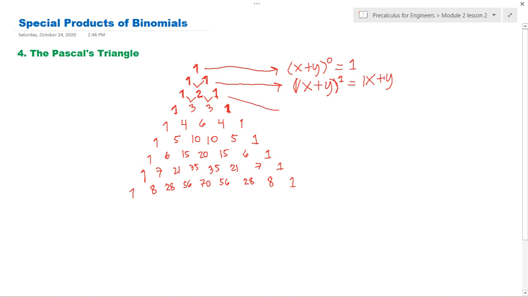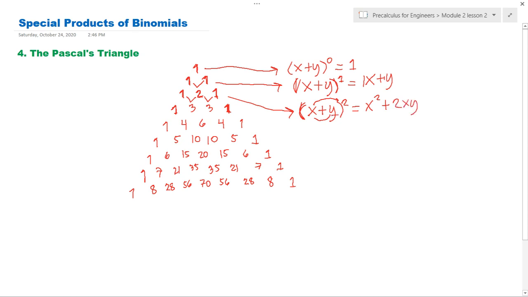For 1 2 1, this is for the square of a binomial. Why? Because here, let's say we have x plus y raised to the power of 2. So this is equal to, applying our previous law, square the first term, so x squared. In order to get the middle term, multiply xy times the exponent, so we have plus 2xy.